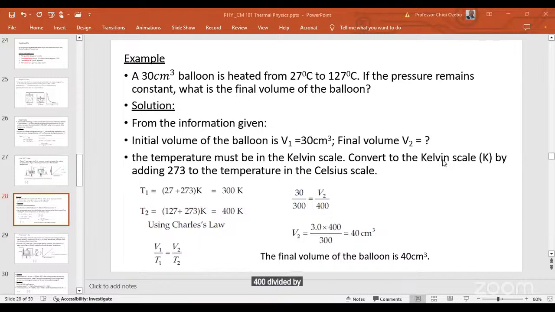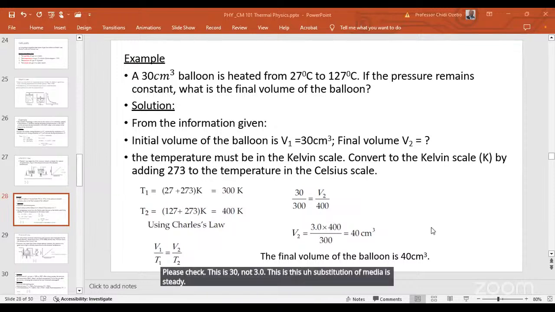That gives us 40 centimeter cube. So the final volume of the balloon is 40 centimeter cube. Please check, the substitution you made there is 30, not 3.0.